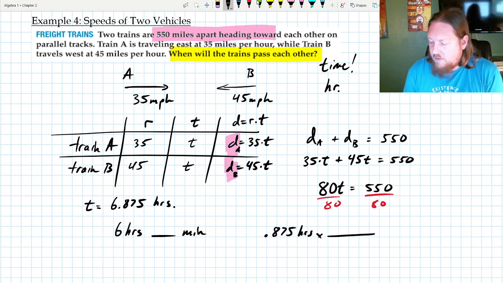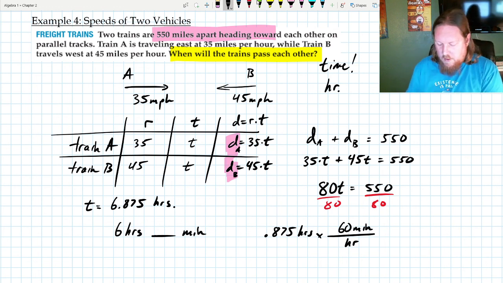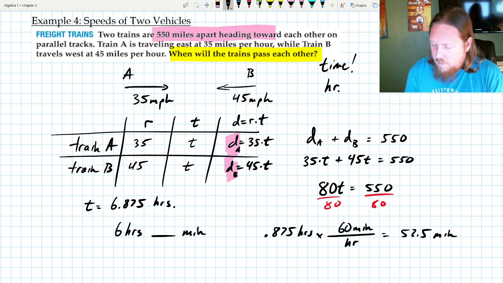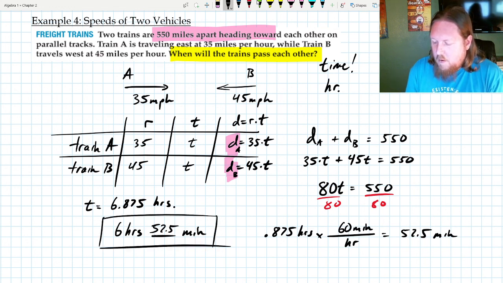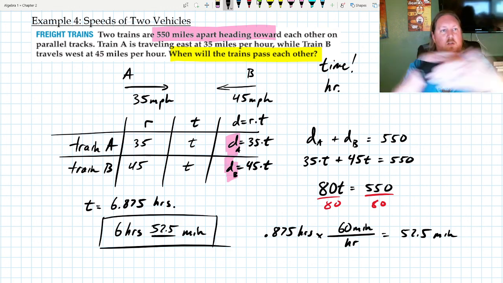Using dimensional analysis, I know there are 60 minutes in every hour. So 0.875 times 60 is 52.5 minutes. And there is how long it's going to take for the two trains to pass each other.